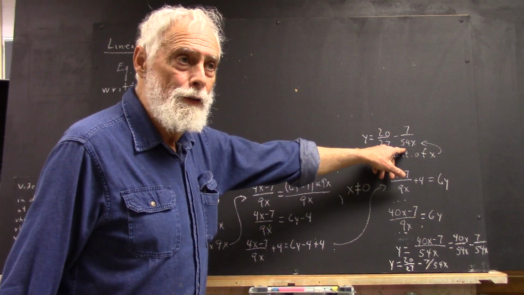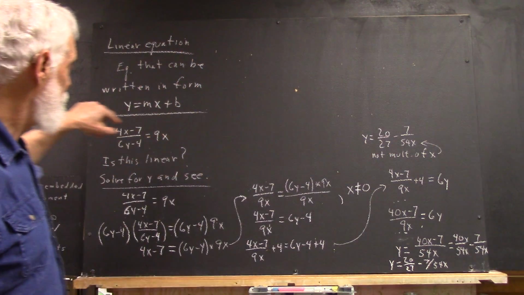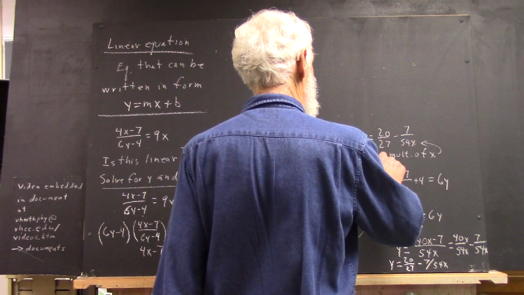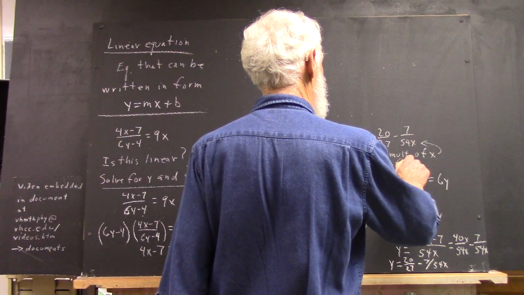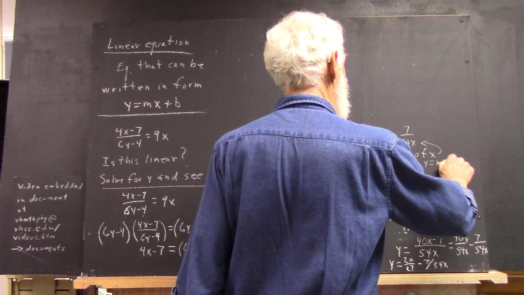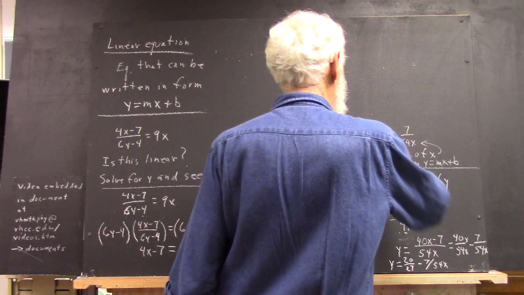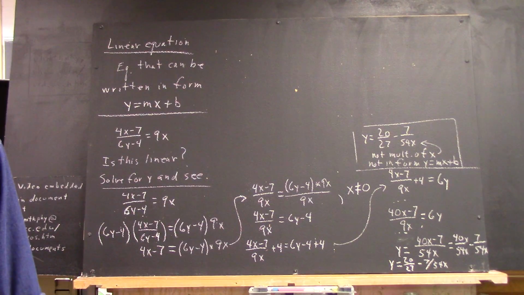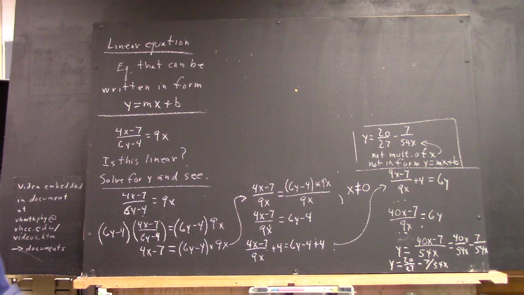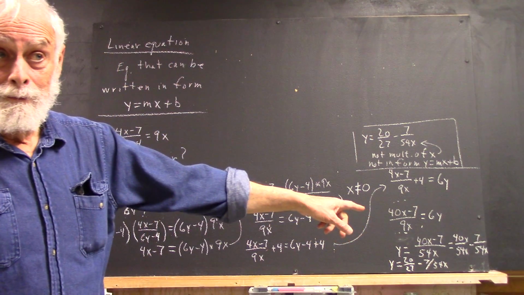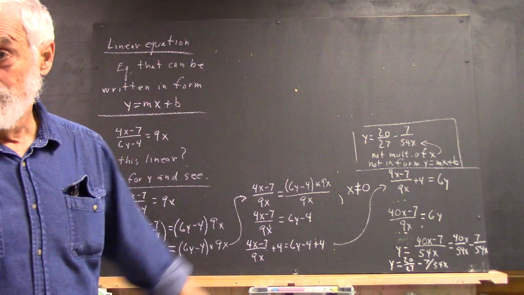Okay, so this isn't in the form y equals mx. Okay? That's it. Now again, this algebra is reasonably challenging, but you should be in shape where you can do it.